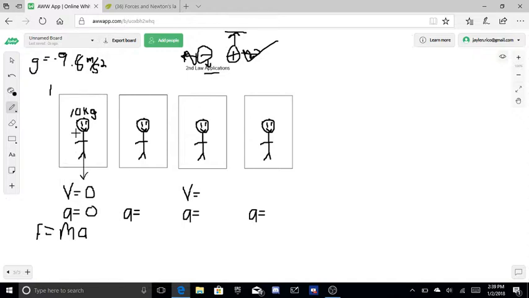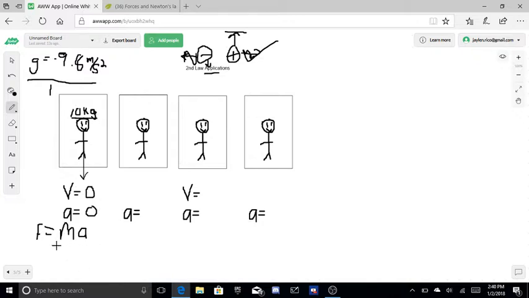So we can multiply our acceleration, the gravity, times our mass, 10 kilograms.